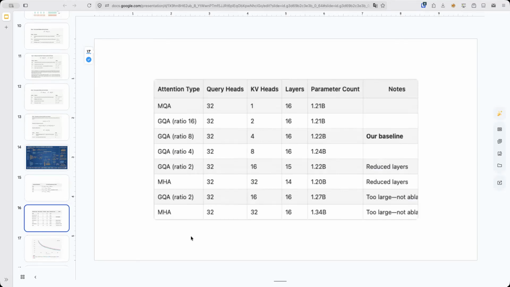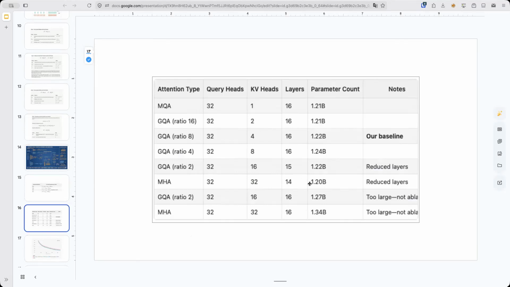It might be different these days, but they didn't ablate multi-head latent attention. And another thing worth noting is that when we go from multi-head attention to grouped query attention or multi-query attention, the number of parameters goes down.